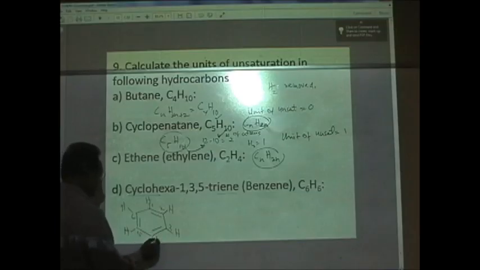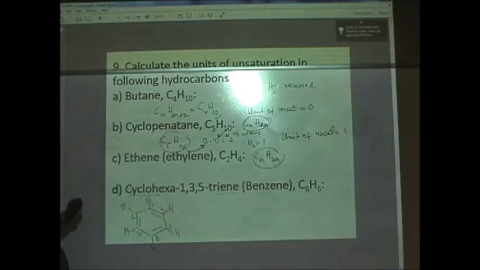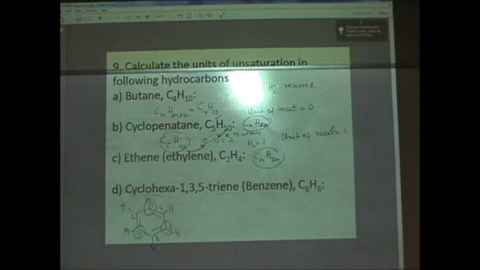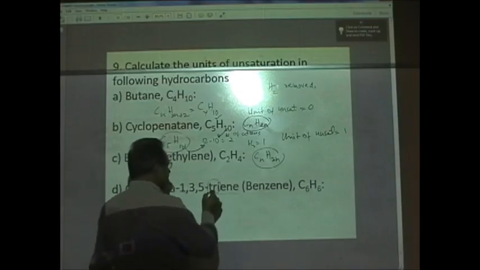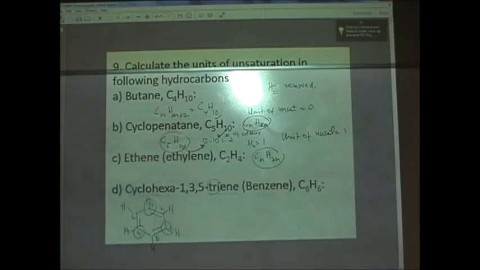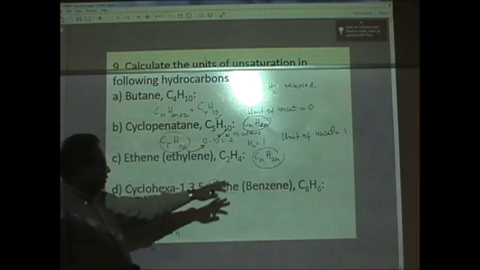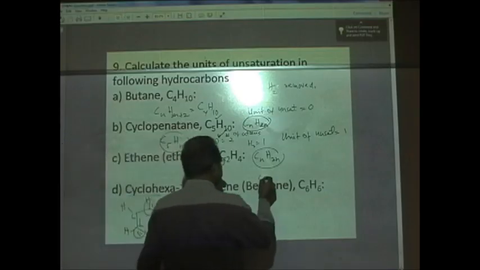Why do you call it 1,3,5? Now remember, when you have more than one double bond, you have to name them. This is like trimethyl, triene means 3 double bonds. Now you have to tell where they are located, right? Okay, benzene is the common name.